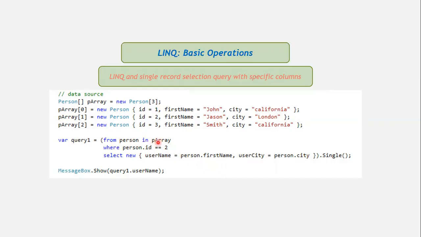So from person in p array where person.id equals 2, select the person with ID equals 2. And what we are selecting is the value of first name and the value of city from this object. You see, instead of selecting all, we are selecting only two.